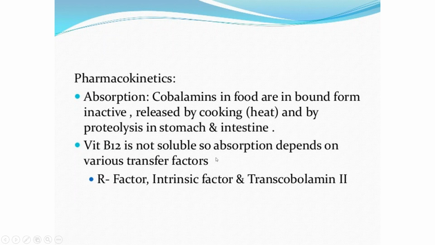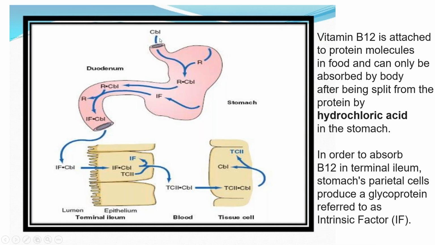It's not soluble, so absorption depends on various transfer factors, which we will discuss in the next slide. This is vitamin B12, and the intrinsic factor combines with it. Then it is absorbed, goes to the blood, and is carried by the transcobalamin.